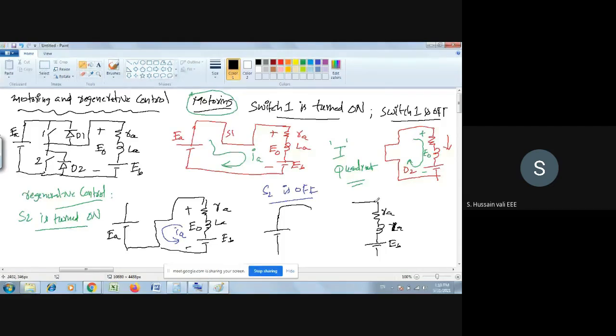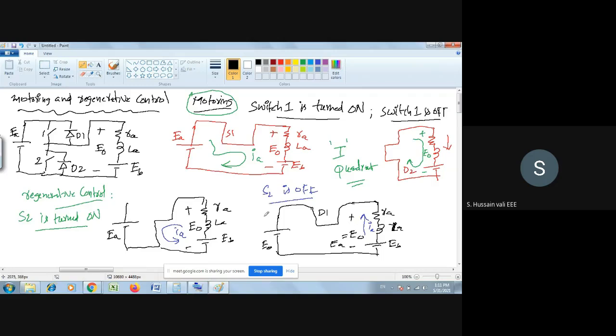Okay, the direction of the current will remain the same, in this direction only. But this time which path does it take? As you turned off, it will force the diode D1 to conduct through the source. So this time E naught is equal to EA. This is EA. Now this one is D1.